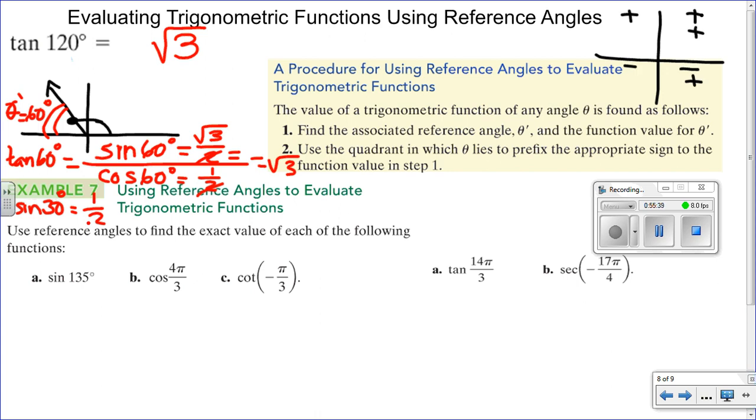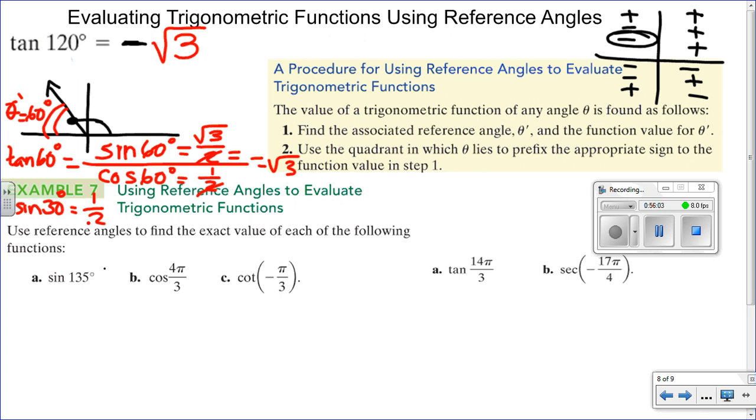So 120 is there, so it should be negative. So that's what reference angles are good for. You just have to learn the special ones, like 30, 45, 60, 90, or the quadrantal ones. And with that, you can find anything else.